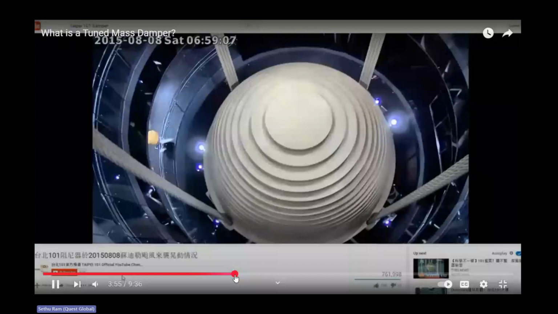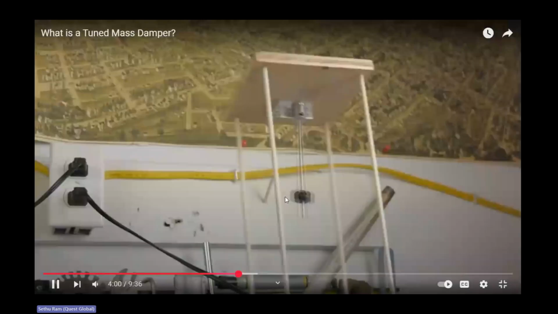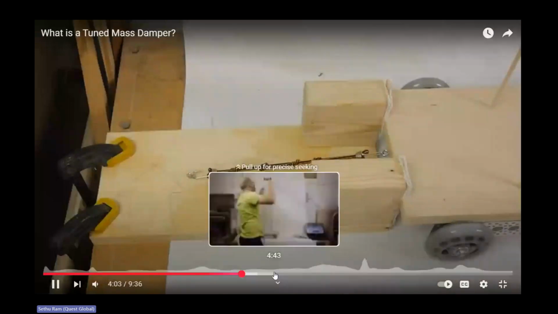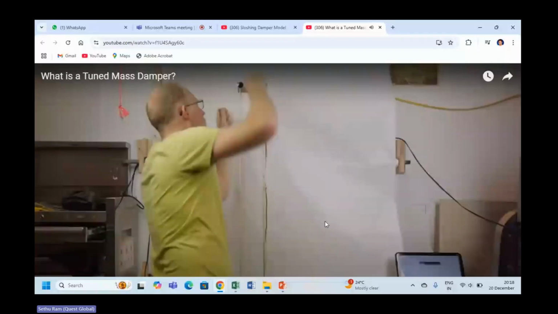So this is the pendulum kind of thing. So that pendulum kind, 1 minute, it's not clear. 1 minute.